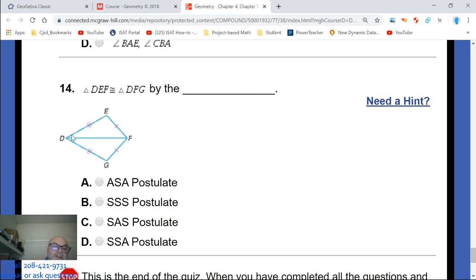I don't have any angles or anything, but I do see this side is a shared side, right? So therefore, it's a common side. It is congruent to itself, right? DF is congruent to itself, and that's so obvious to us, right? We would use the reflexive property to make that statement in a proof. But we know this third side is congruent to itself, so side, side, side is congruent to side, side, side. So we'll go side, side, side.